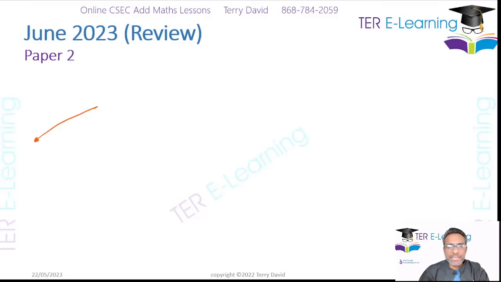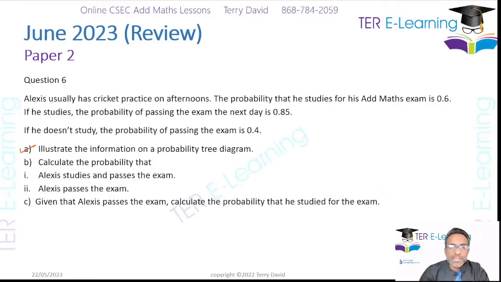So in this case here, let's put study here. Let's put does not study. Let me just see the probabilities again. The probability that he studies for the ADMAT exam is 0.6.